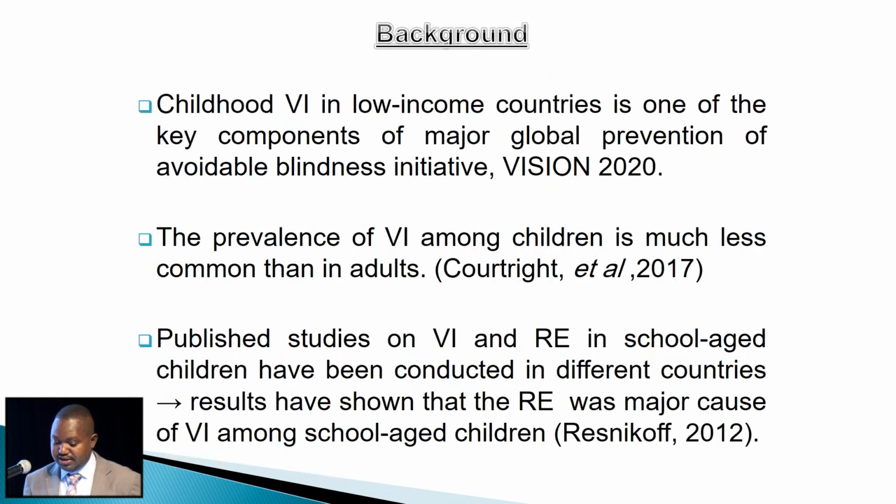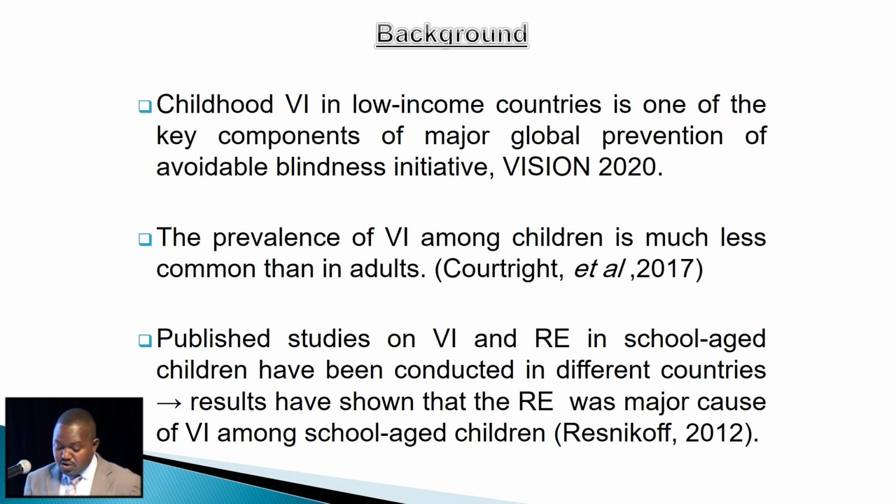Childhood visual impairment in low-income countries is one of the key components of the major global initiative for prevention of avoidable blindness, Vision 2020. Visual impairment among children is less common than in adults, but has a huge impact on education and social life of children and could lead to poverty.